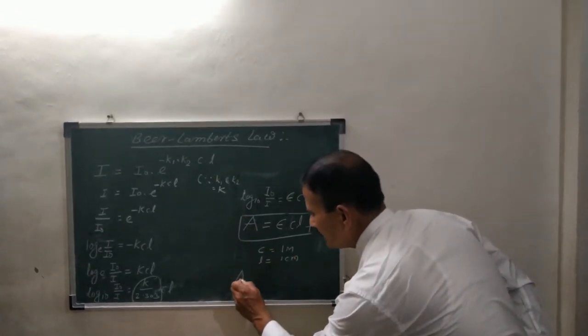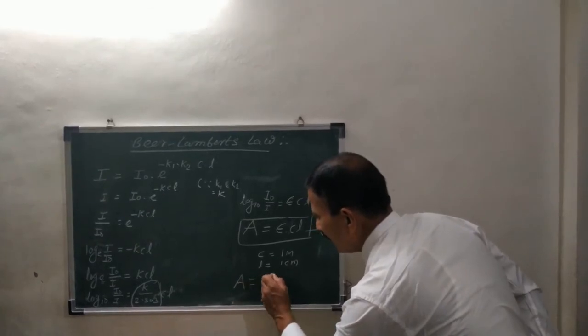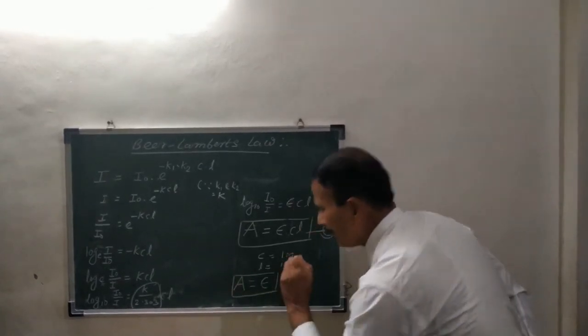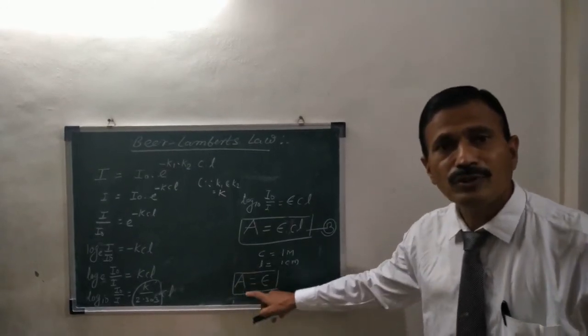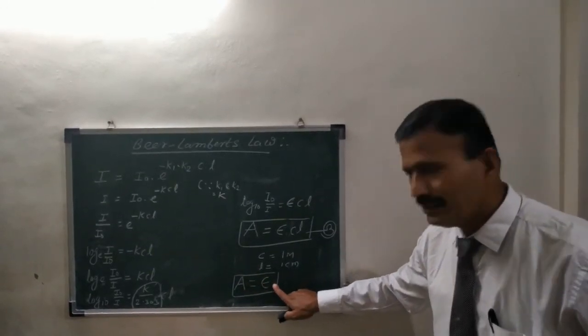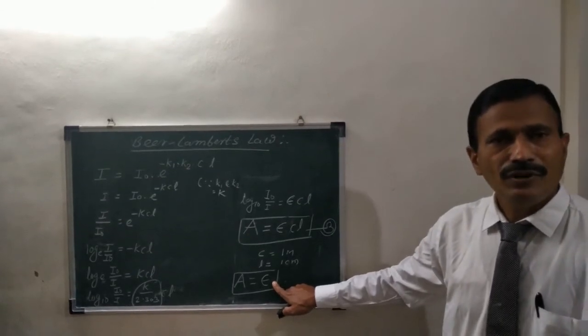So absorbance is equal to epsilon C L, and this is the main equation, where epsilon, the molar absorptivity, is nothing but the molar extinction coefficient.